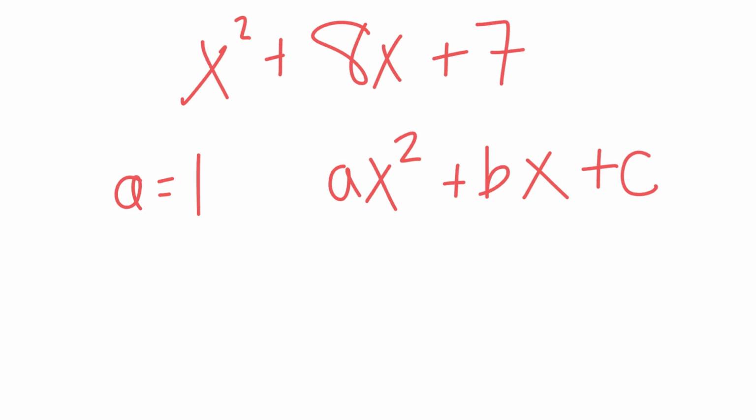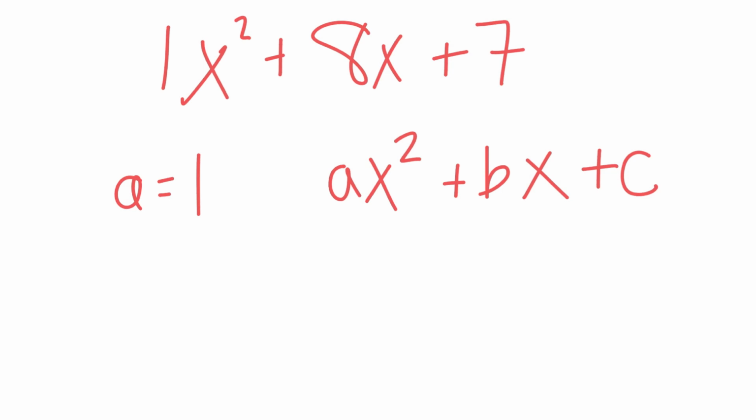So in this case, my a is 1, because remember that when we write a number in front of a variable, this is multiplication. So I could say that this is 1 times x squared, and then plus 8 times x, and then plus 7. Because it's just 1 times the x squared, we usually just leave that out.